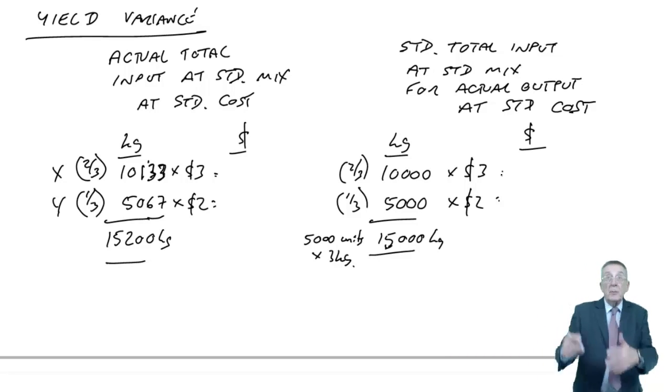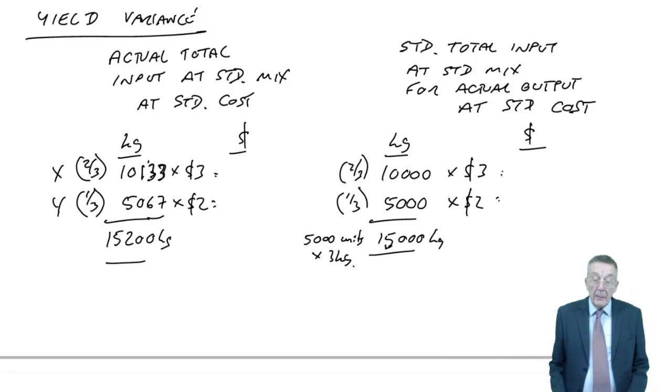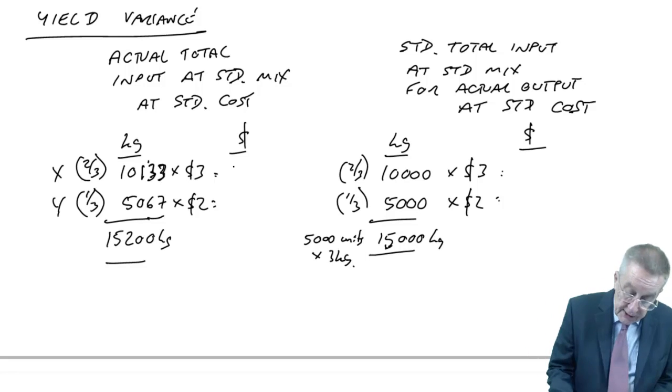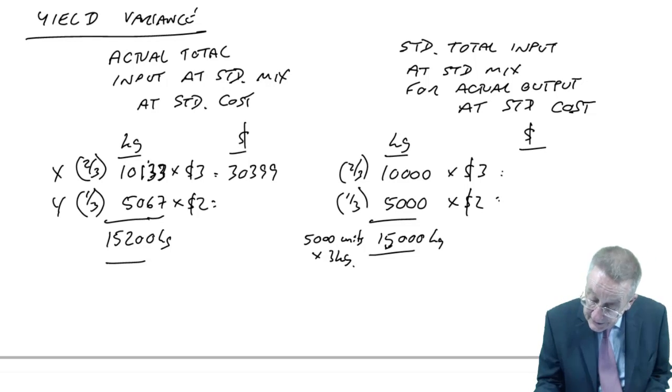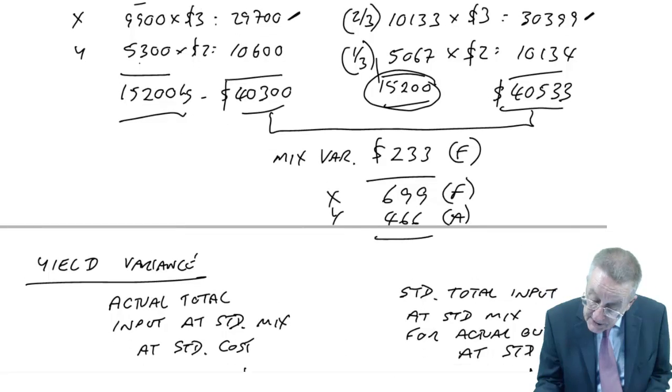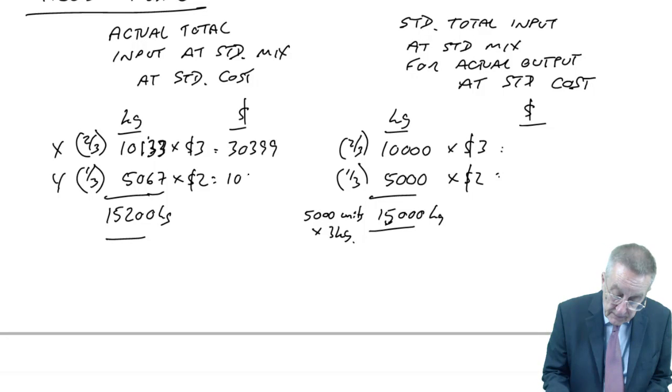The first bit we'd already done if you look back, so you can save a lot of time. 10,133 at $3 is 30,399. 5,067 at $2 is 10,134.